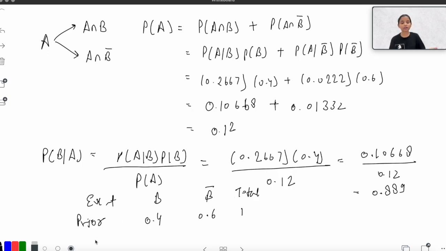Now, after considering the observed data, we have the posterior probability that a random news item is fake news given the observed data as 0.889, and by using the complement it will be 0.111.